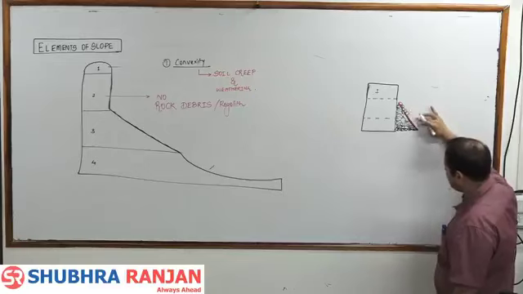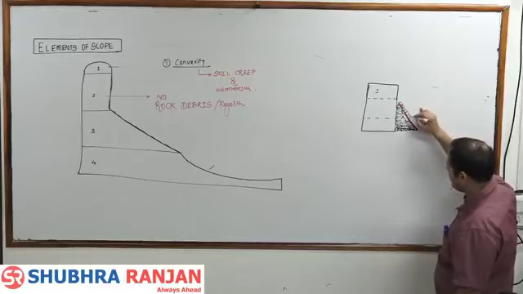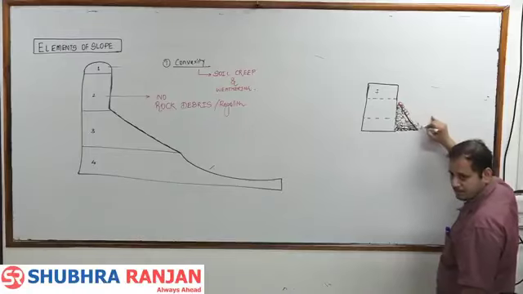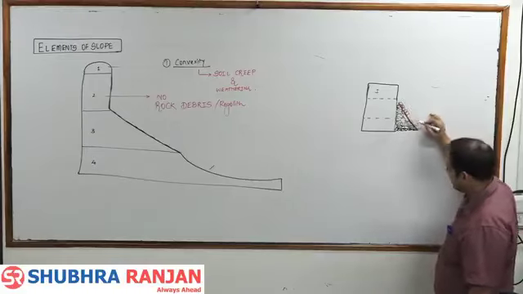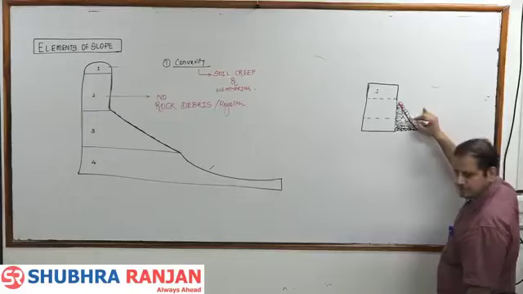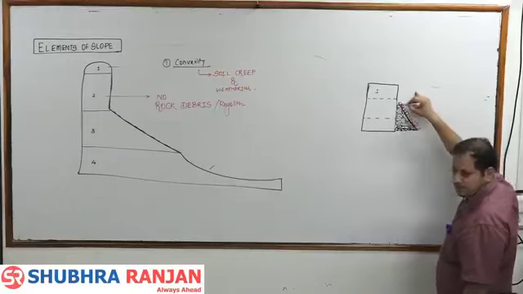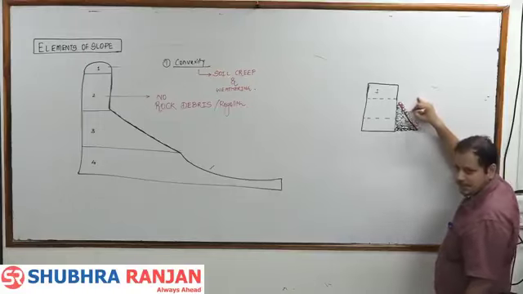And once these fine sediments are formed, they will roll down and get accumulated at the bottom. Fine? Or these rocks, further breaking down, will get accumulated at the bottom. Coarse debris is now broken into fine sediments.